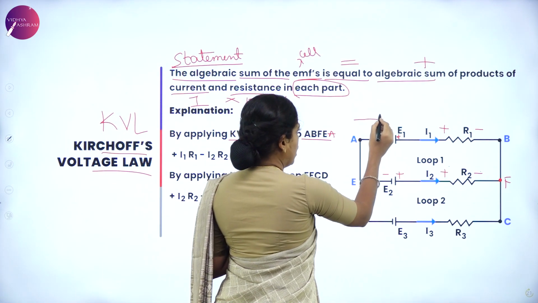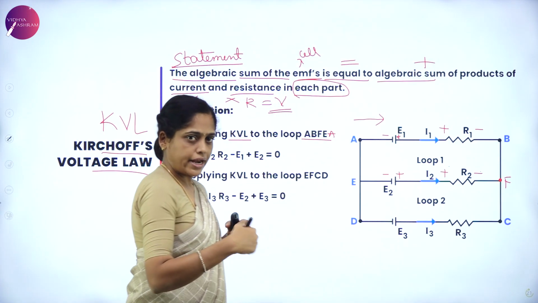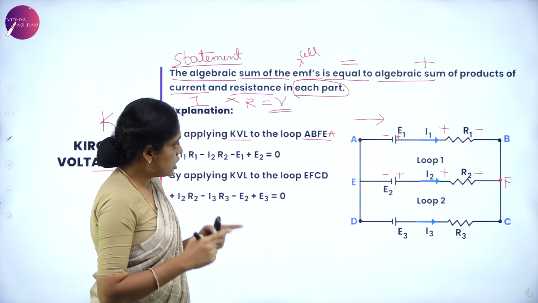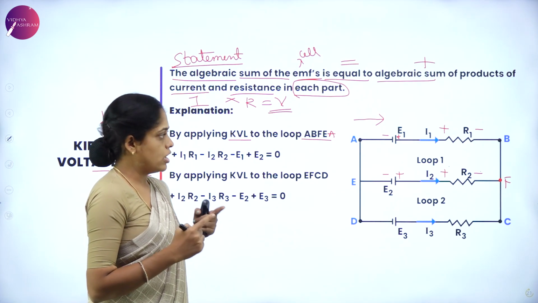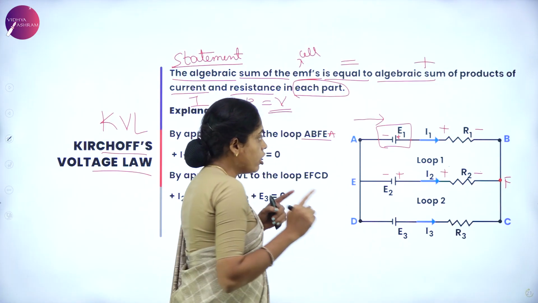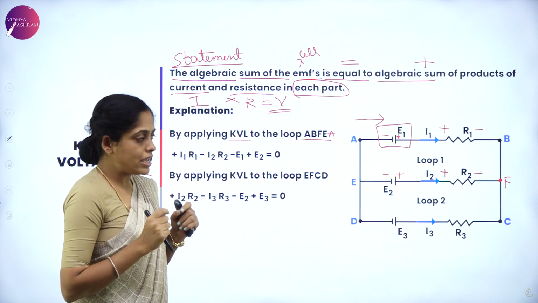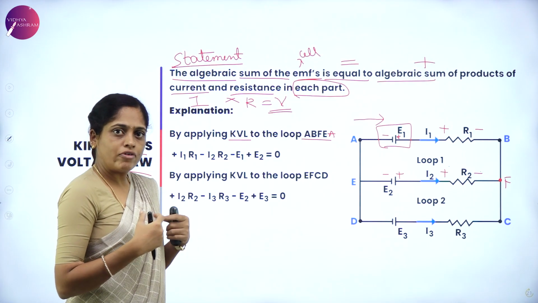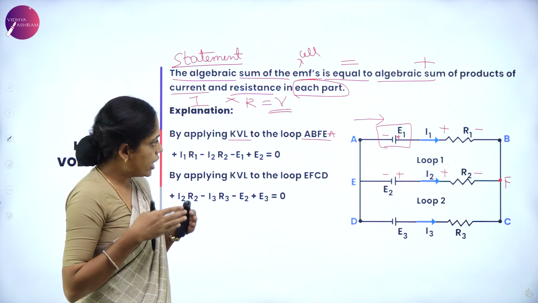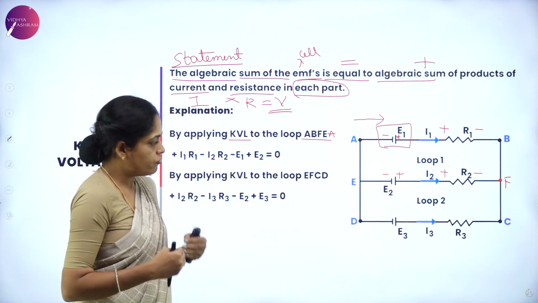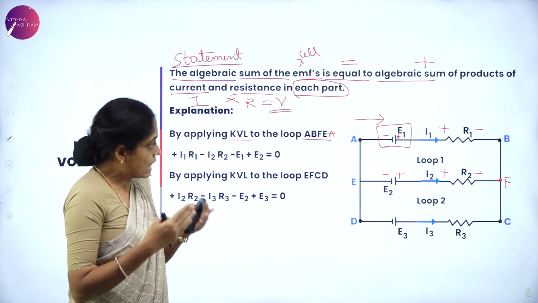Yes, A, clockwise direction. When I start from A, I reach the first cell whose EMF is E1. For this EMF, what sign convention do I need to consider? That depends upon our direction. So I am going from A to B, in which I first reach the negative sign.